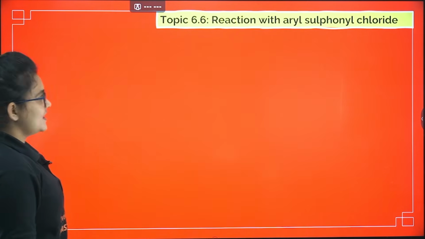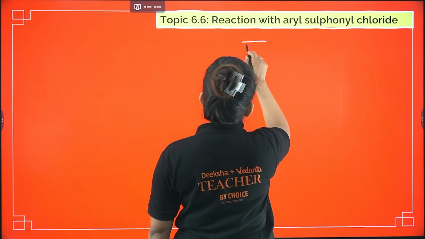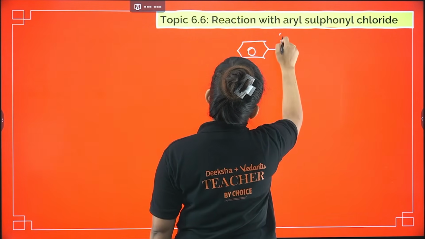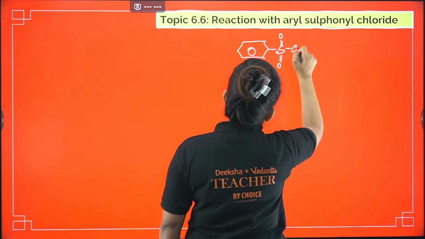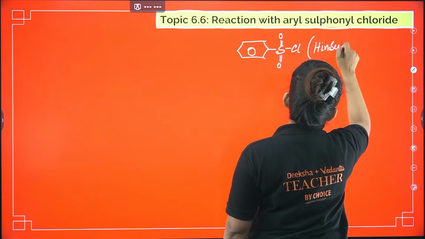Next, let's proceed with the aryl sulfonyl chloride. This is basically the Hinsberg reagent, right? If I draw this, it will look something like this: S double bond O, Cl. This is the Hinsberg reagent, a very important thing.